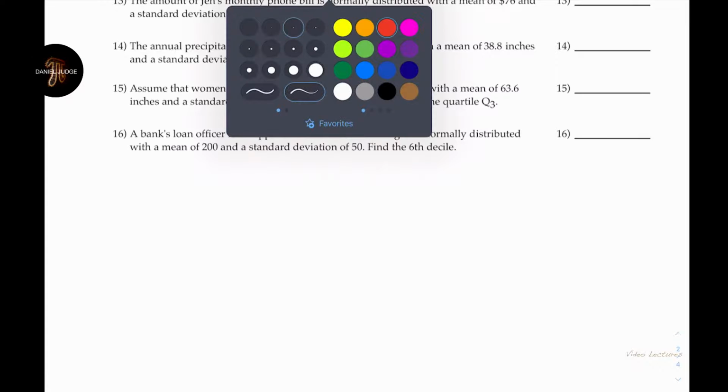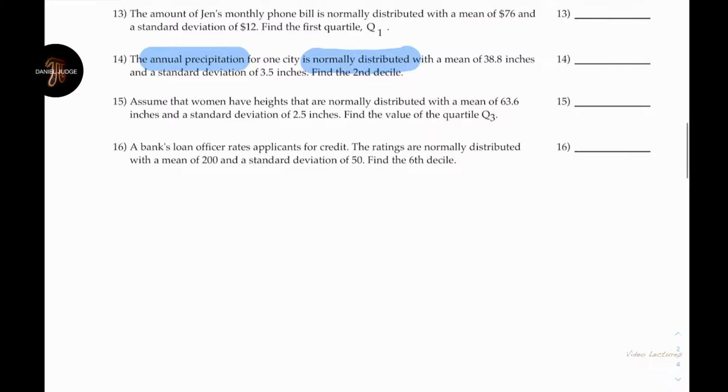The annual precipitation, rain, for one city is normally distributed. So that's your variable X. Right? So you're going to say X is the annual rain precipitation.